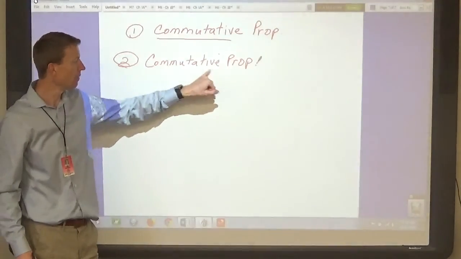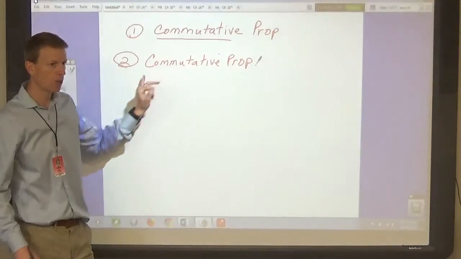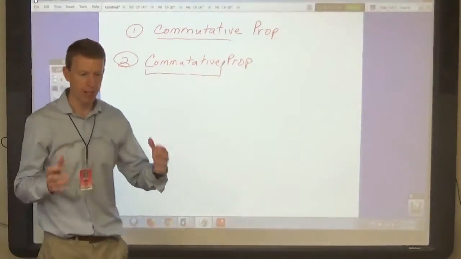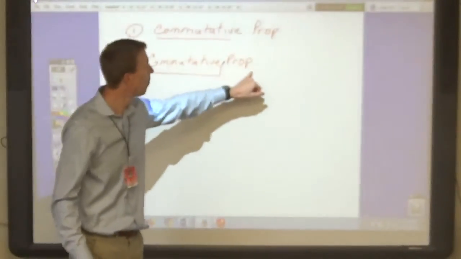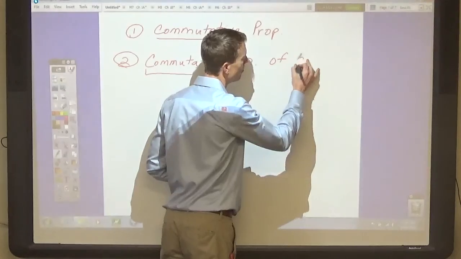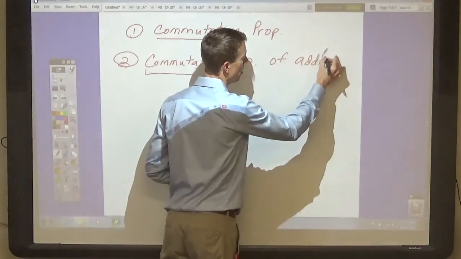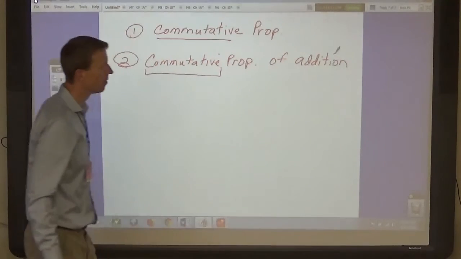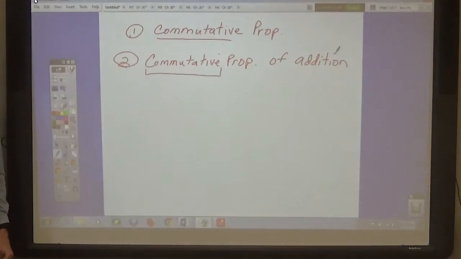You have to write commutative, because I want you to get used to that word. But all of them are properties, so I'm going to let you use PROP for property, of addition. Make sure you write addition, because it's adding, of addition.